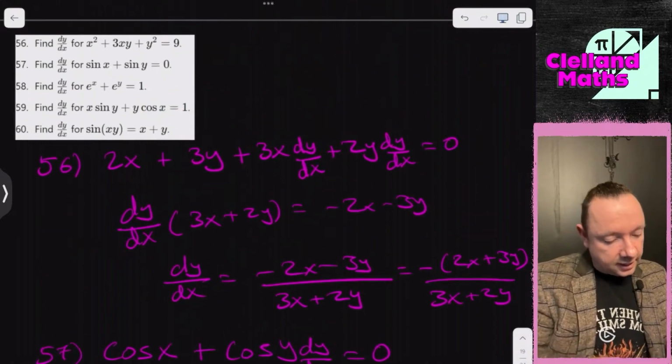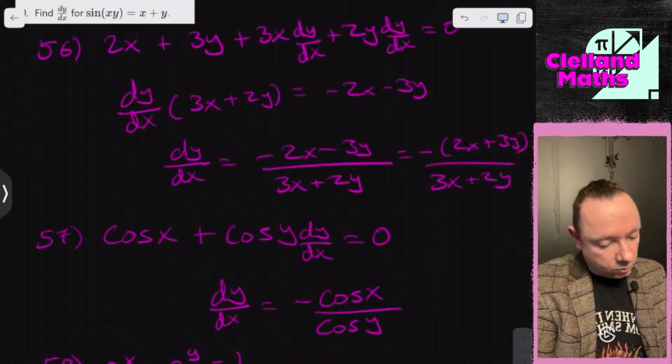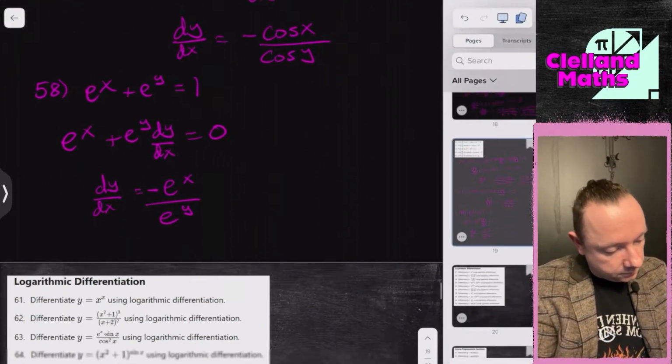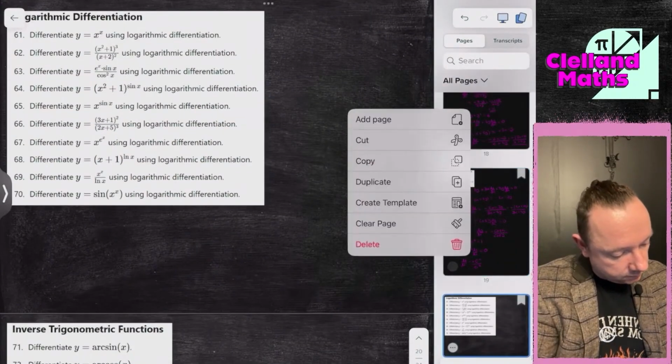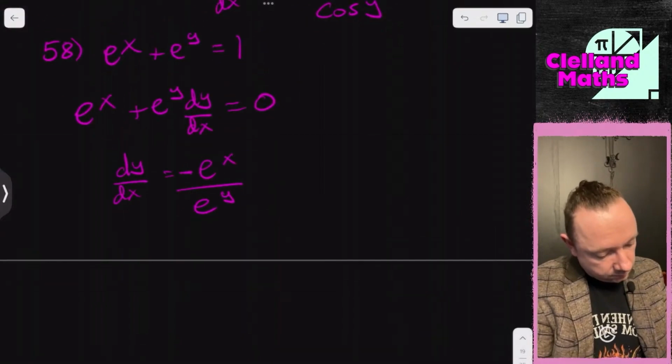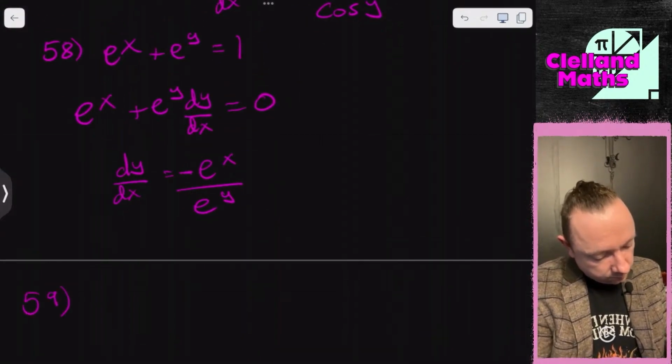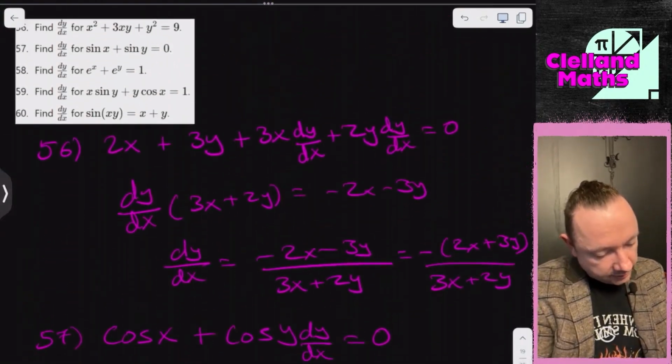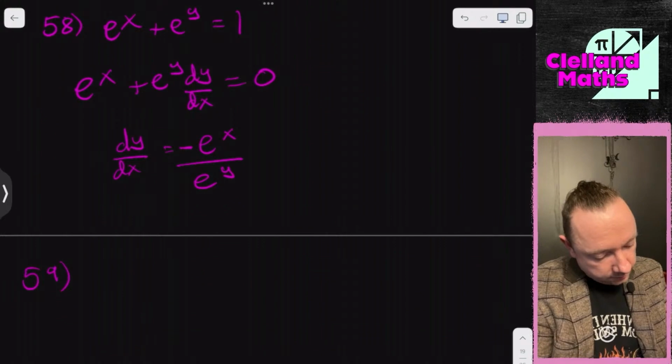59, x sine y plus y cos x equals 1. Check that again. X sine y plus y cos x equals 1.